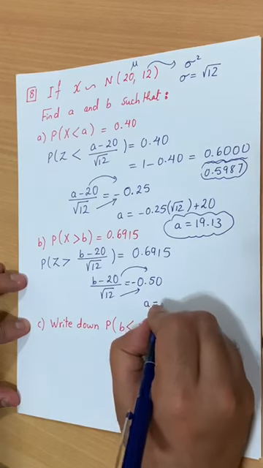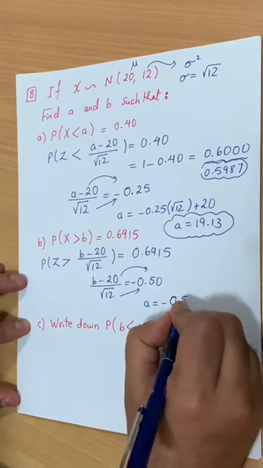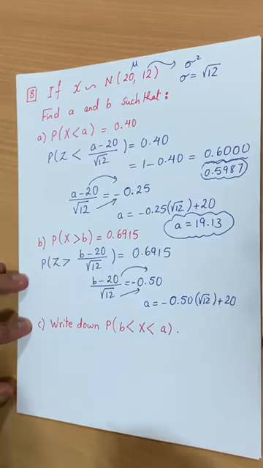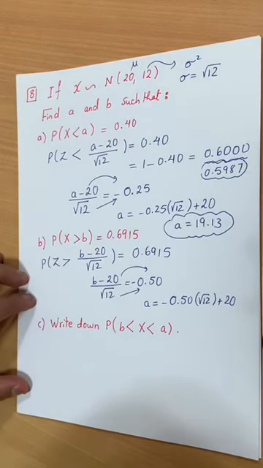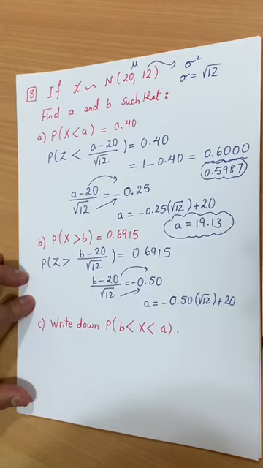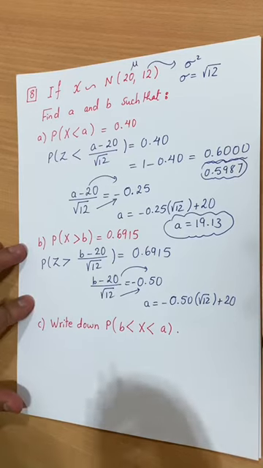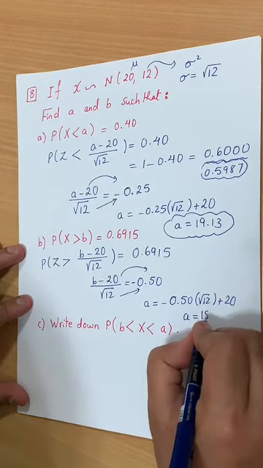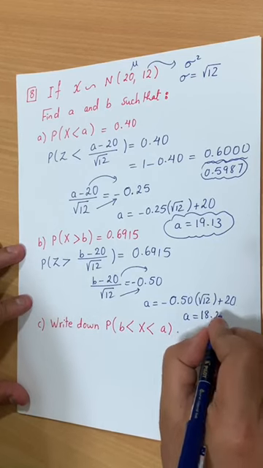So b is equal to negative 0.50 root of 12 plus 20. Let's do that on the calculator. Negative 0.50 bracket square root of 12 plus 20. It's equal to 18.267. So you can round it to 2 decimal places as 18.27.